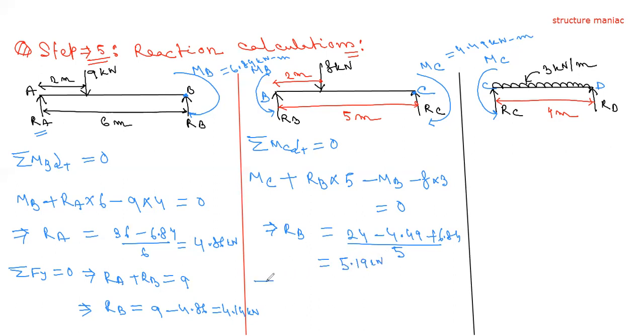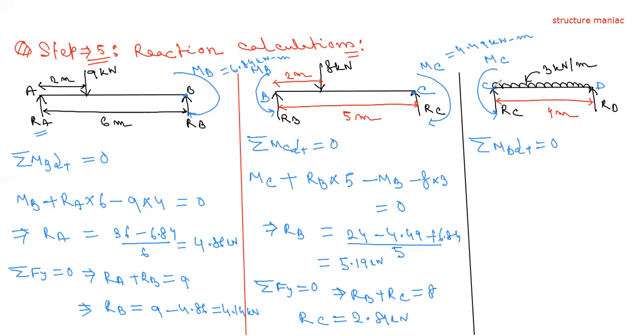Again, you apply summation Fy equal to 0 here. So RB plus RC will be equal to 8, so RC is equal to 8 minus 5.19, which comes as 2.81 kilonewton. Now again, for the span CD, consider the moment at D, clockwise positive, equal to 0.